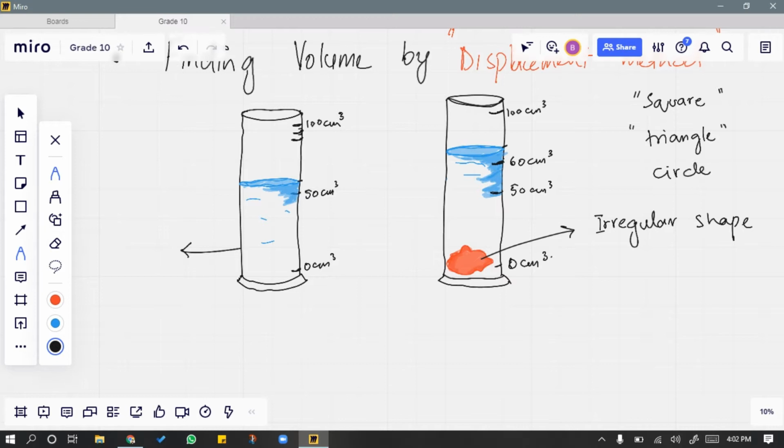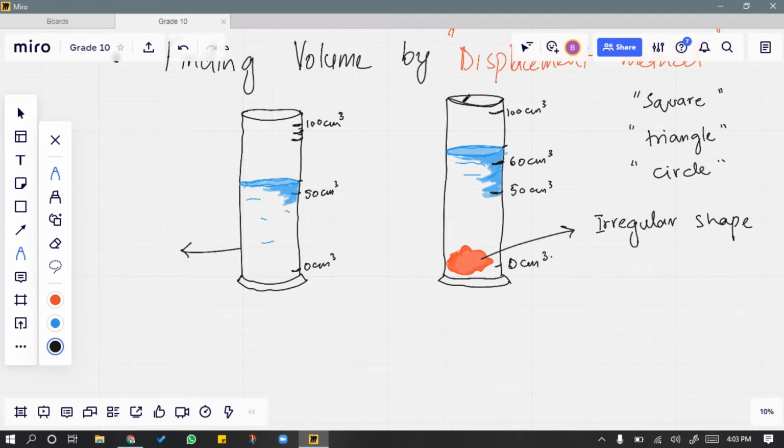These are shapes we have known from many years ago, and they have certain formulas for finding their areas and volumes. For example, the formula for the volume of a cuboid is length times width times height. This is how to find the volume of a definite shape. Similarly, we have different formulas for a circle, for a sphere, for finding their volumes.